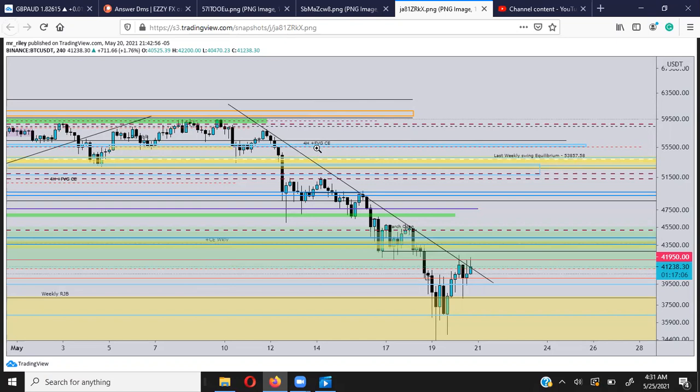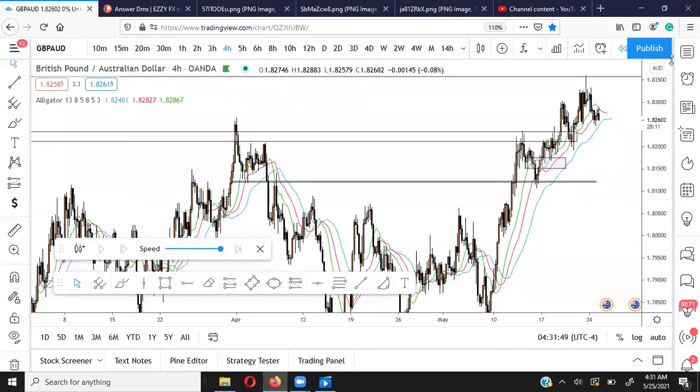I have no idea what's in here, but I can see that you use the time frame payroll right here to find this line. That could have been a retest and a continuation here for Bitcoin. So if we did go above this line, you probably see a continuation to the upside. Let's take a look.